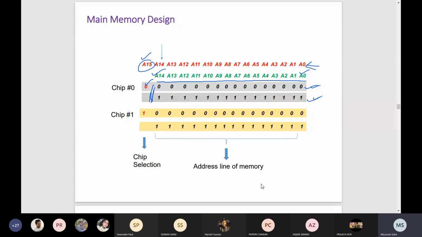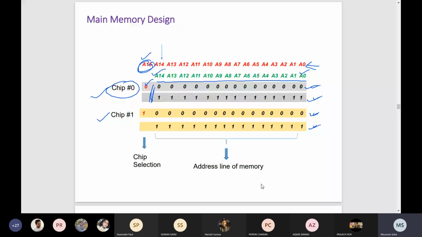What is the meaning? If A15 is 0, then chip 0 will be selected, that means the first chip will be selected. And again, for the second chip, the starting address will be all 0 and then all will be 1, but A15 will be 1 at that moment. So with the help of A15, we can select the first chip or the second chip.